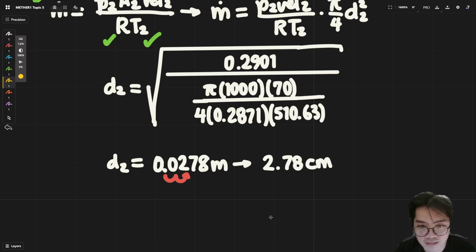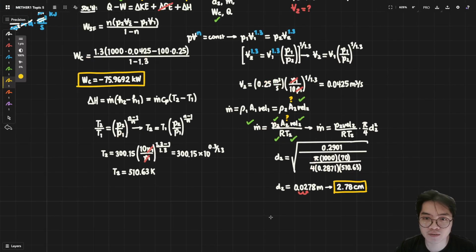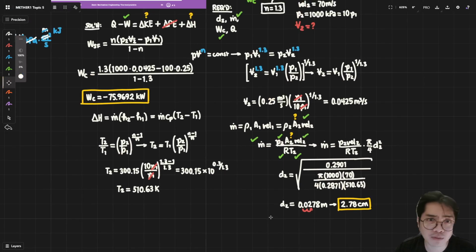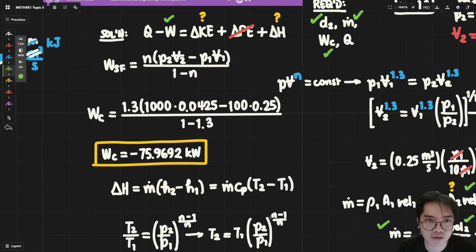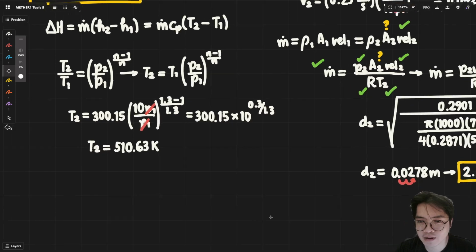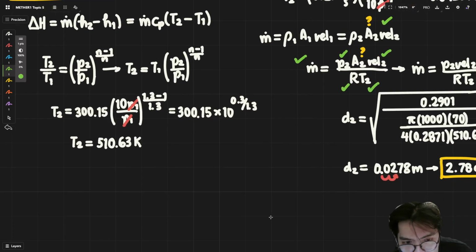I think that is enough. Okay, 2.78 cm. And now the last bit, right? The last bit should be your Q. But actually, I will tell you guys about another kind of version of work steady flow that we can actually access, right?